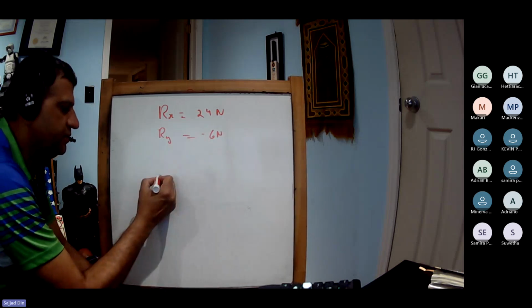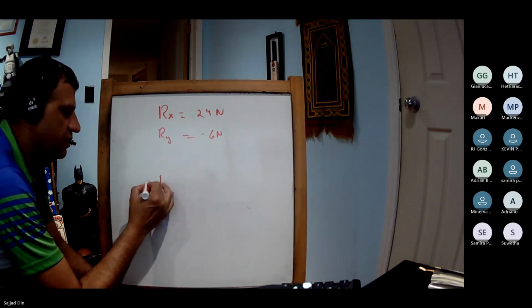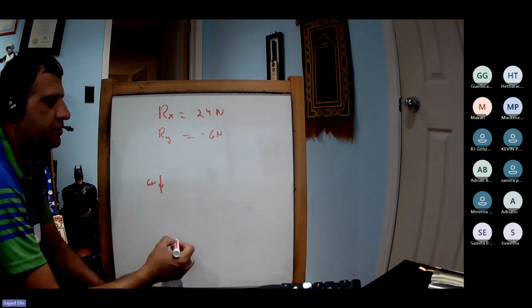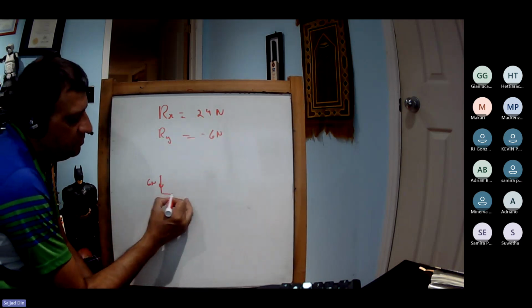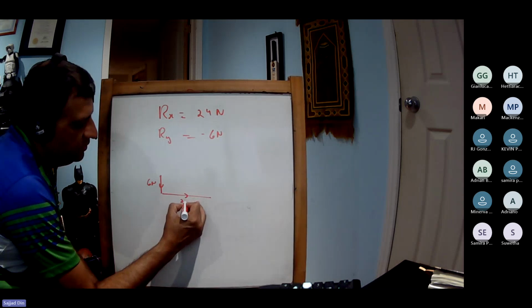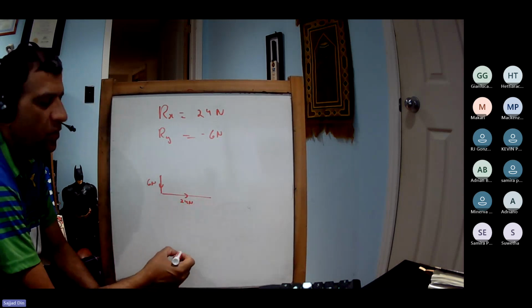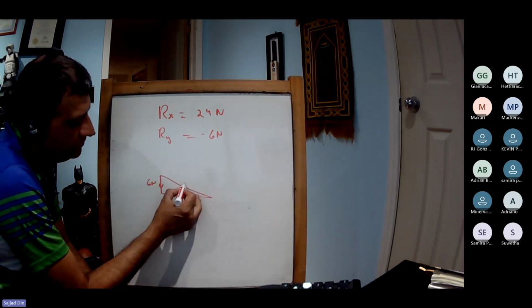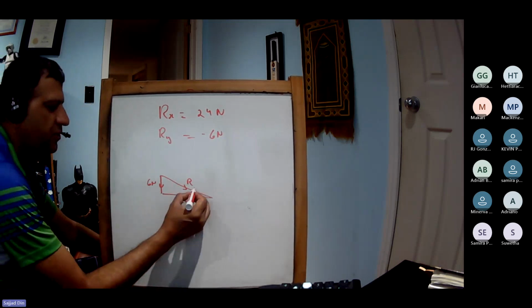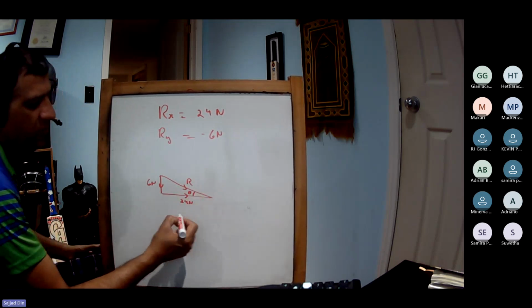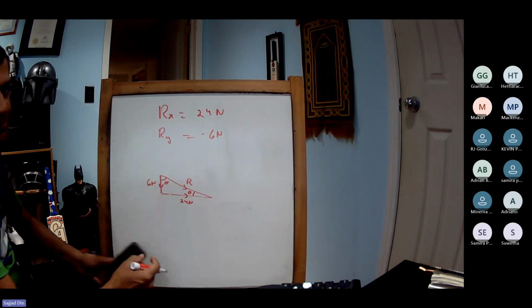This is a minus, so just sketch 6 newtons. Then you've got Rx is positive 24 newtons. So which way is the resultant? It's going to be this way. And then you can determine one of these angles, either this one or this one.